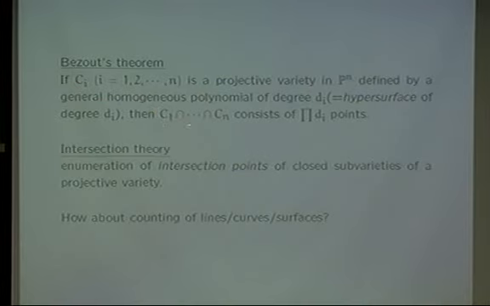If you intersect with a hypersurface, then the dimension will drop by 1. If you intersect n hypersurfaces, you get a zero-dimensional object, which must be a finite number of points. And the theorem says the number of intersection points, if you count with multiplicity, is exactly the product of the degrees. It doesn't matter which hypersurfaces you choose. It's always this number. I'll give you a proof of this theorem later, a very simple proof.